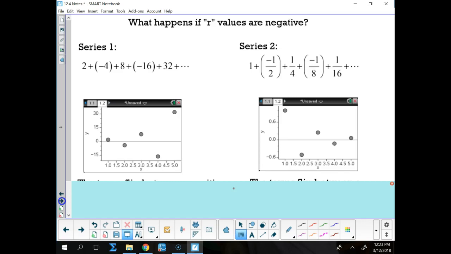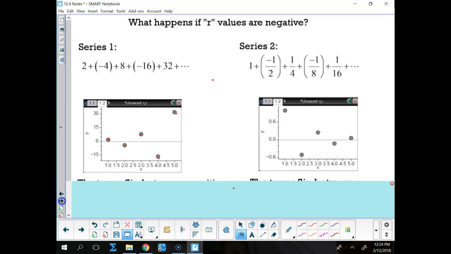But as you notice here on Series 1, if I start with this term right there, then my next term is a little farther away from 0. Then my next term is a little farther away from 0, and then even farther, and then even farther.